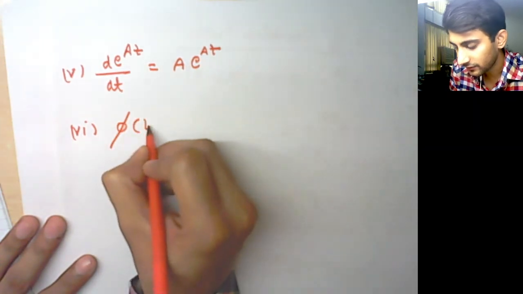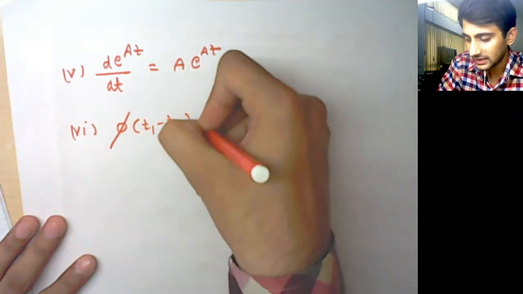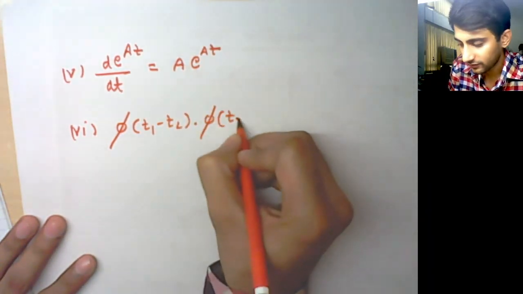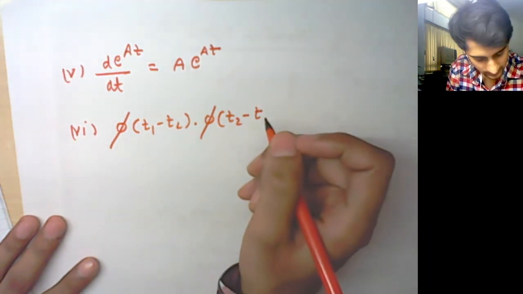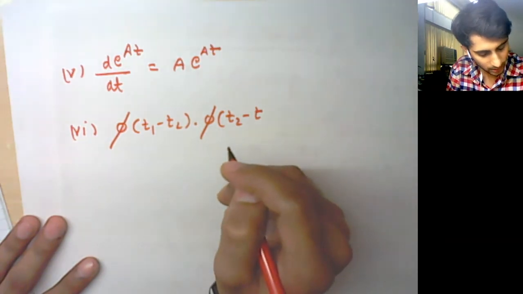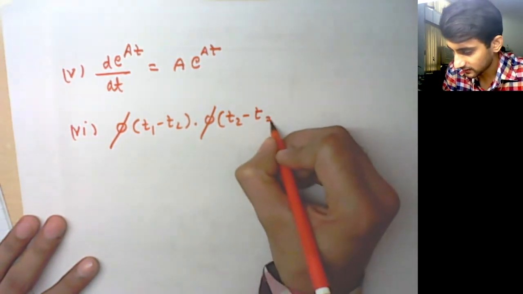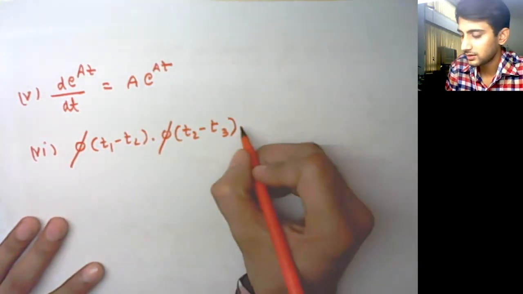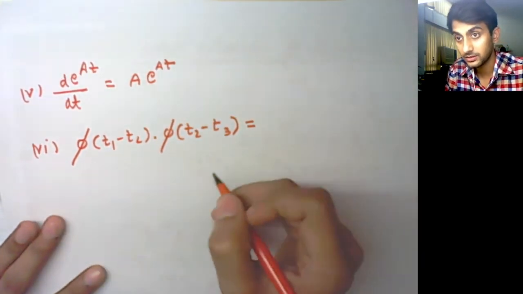It is phi of t1 minus t2 multiplied with phi of t2 minus t3, let's say. Let us try to find out.